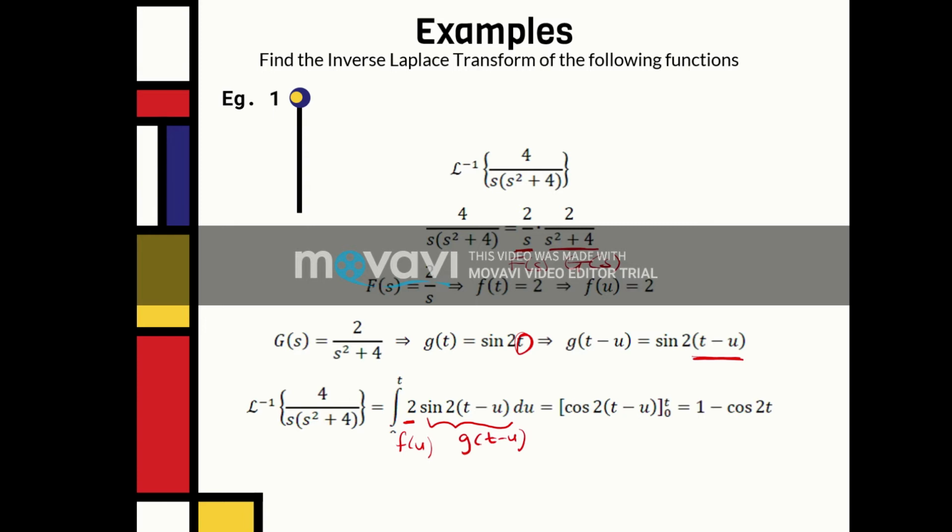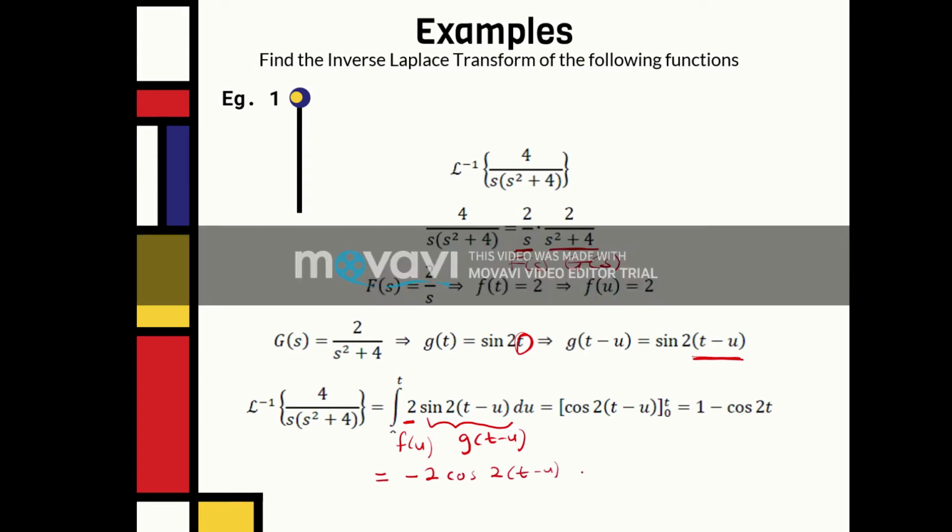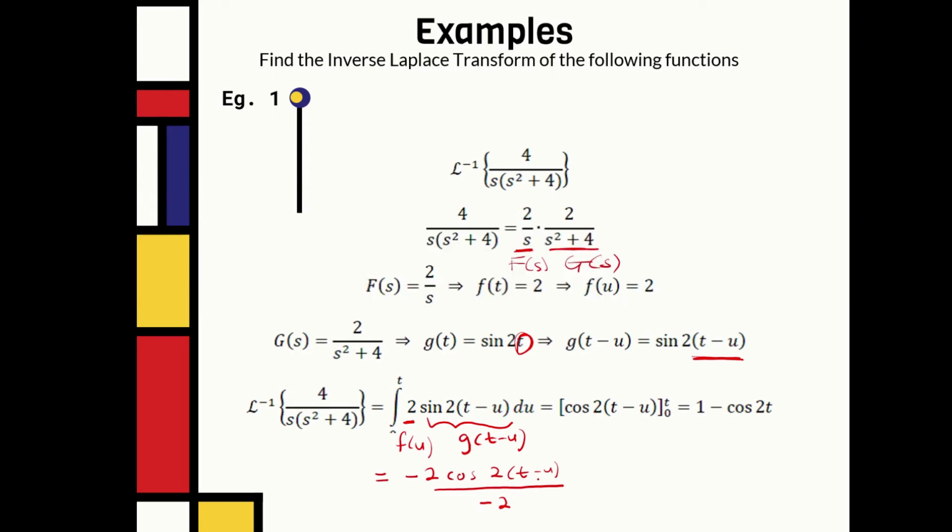When you solve this, what you get is minus 2, since the integral of sine is minus cos, of 2(t minus u) divided by minus 2, where I differentiate the angle of the cosine 2(t minus u) with respect to u, and then I get minus 2.